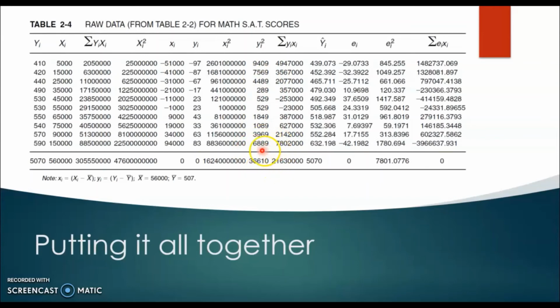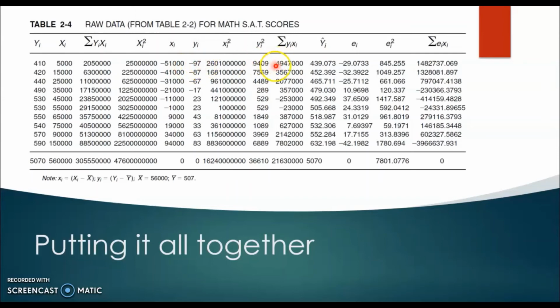And here we have the sum of squared deviation of y from its sample mean value, which is 36,610. And the next column represents the multiplication between small letter x with small letter y.